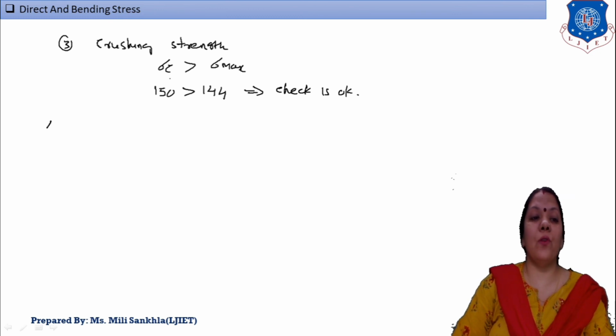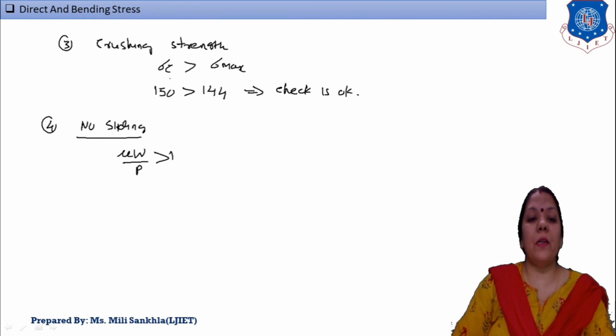Now the last one, no sliding. For that, the equation is mu W divided by P greater than 1.5. Now what is mu? Mu is given 0.3, capital W is 360, which we found out, and P is given 180, greater than 1.5.